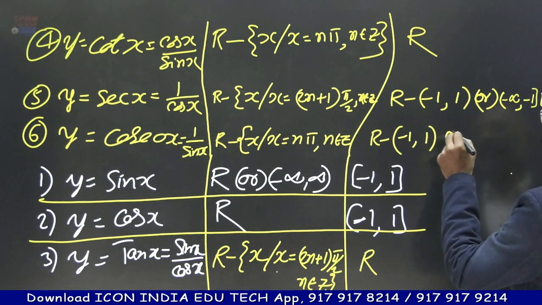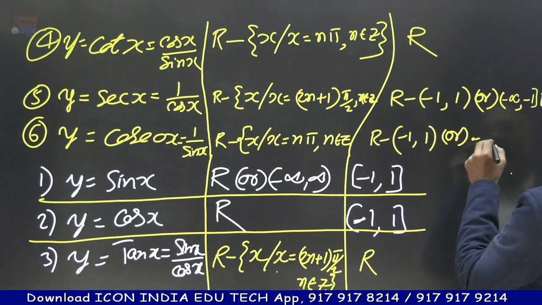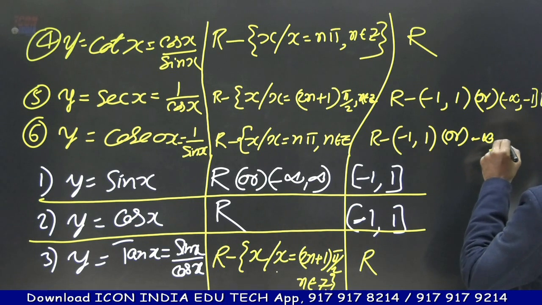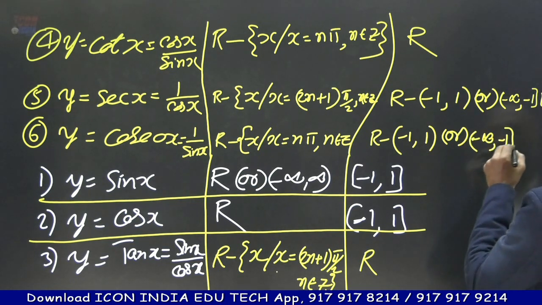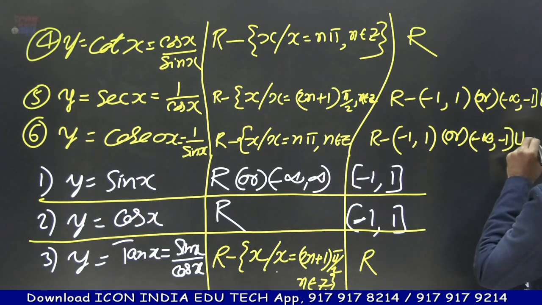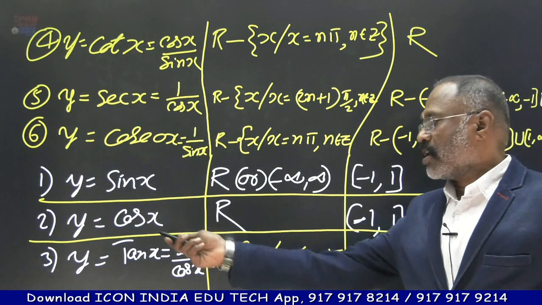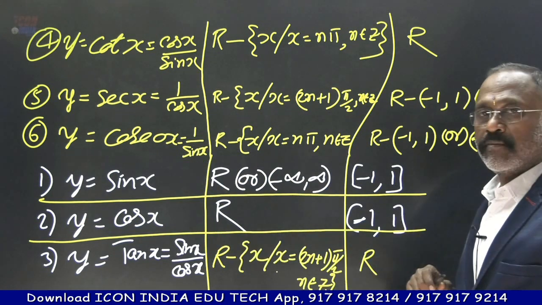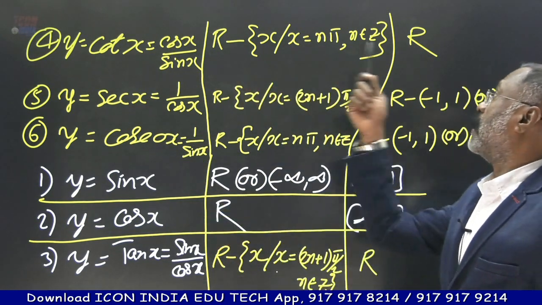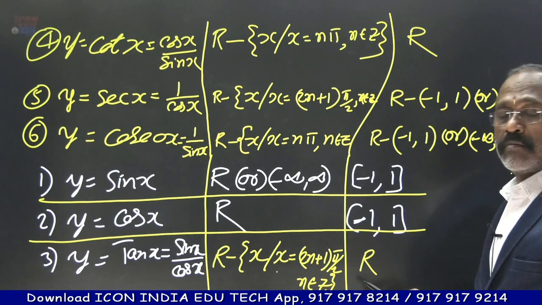So, the hint here, which is important for the objectives, particularly conceptual questions, is that it is important to remember the domains and ranges of the functions. That is why I taught you this with a logic to remember. Sin x and cos x have the same domain and the same range. Tan x and cot x have the same range, the set of real numbers.